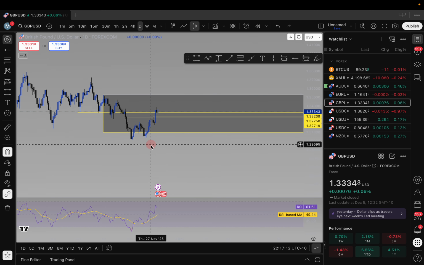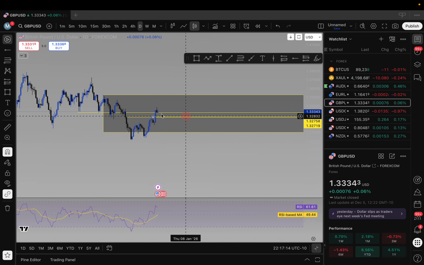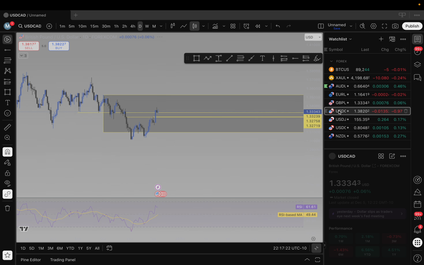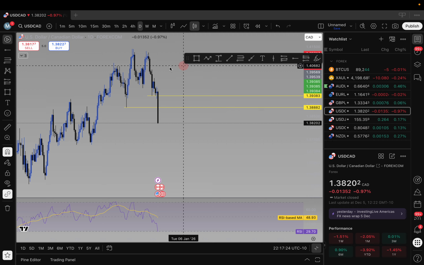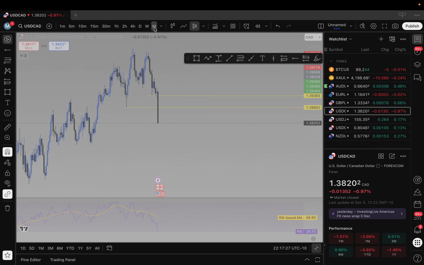Okay, so on GU, I'm not looking to trade anything on GU. So let's look at USD CAD.